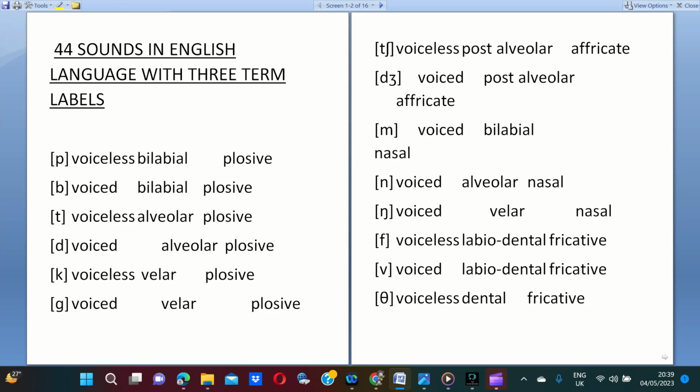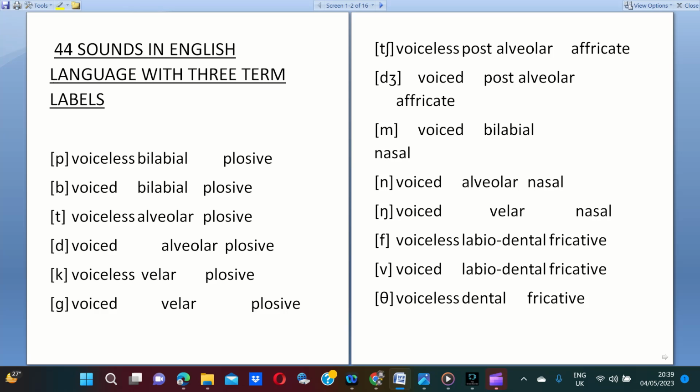So here what we understand is that the air is released from the oral cavity suddenly with a lot of air pressure. Here we can sense that lot of air pressure while producing this sound.